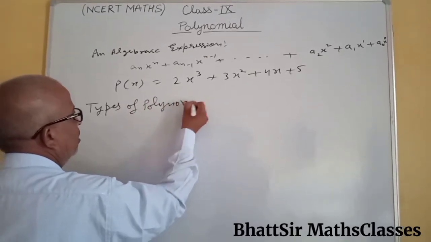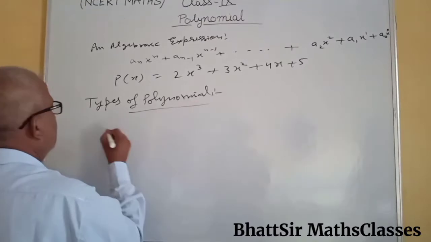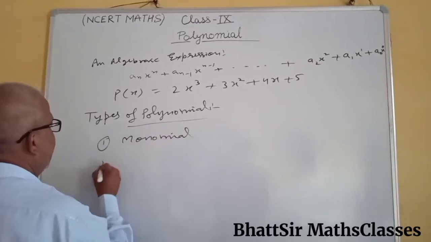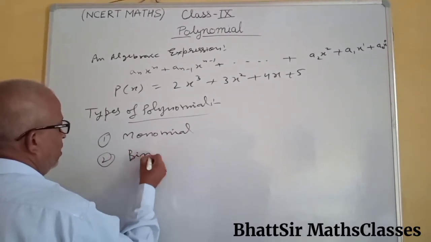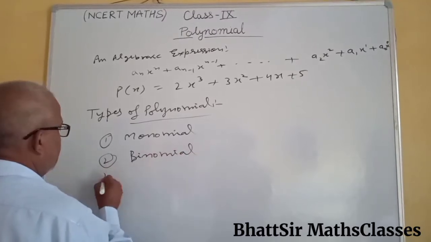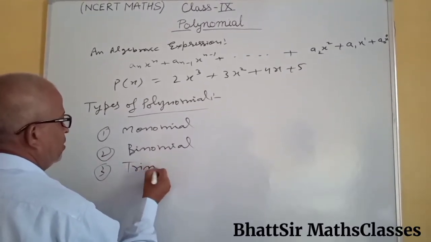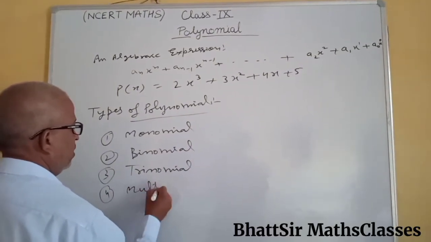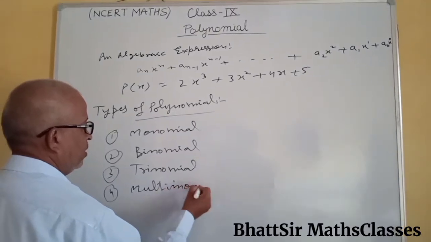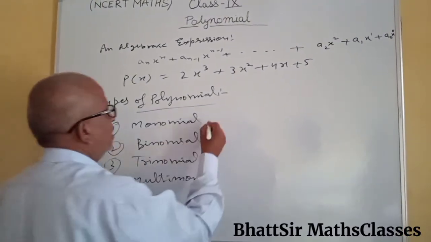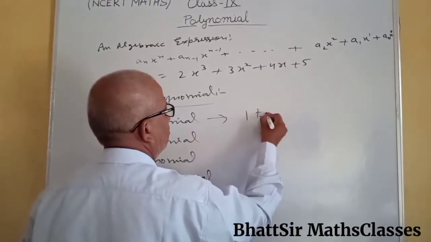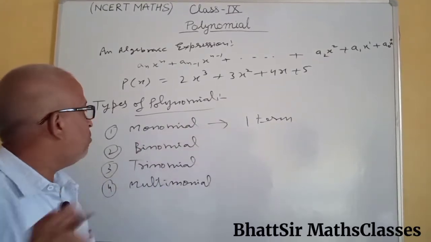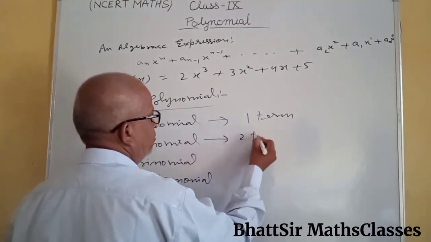Then types of polynomial. First, monomial. Second, binomial. Third, trinomial. Fourth, multinomial. Monomial is an expression which contains only one term. Binomial, two terms.